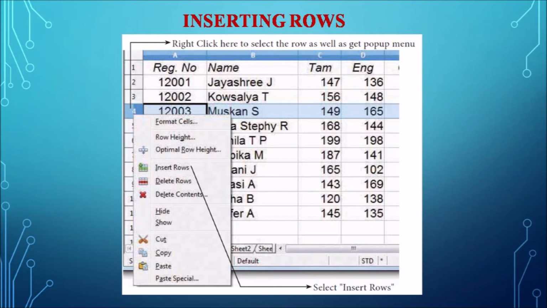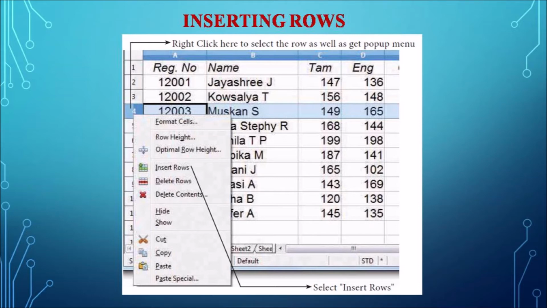Next we are going to see about inserting rows. So first we have seen about inserting a column, which is vertically aligned. So now we are going to see about inserting rows, which are horizontally aligned. And they are named with the numbers 1, 2, 3, like that. So whenever you insert a new row, it is inserted above the current row.